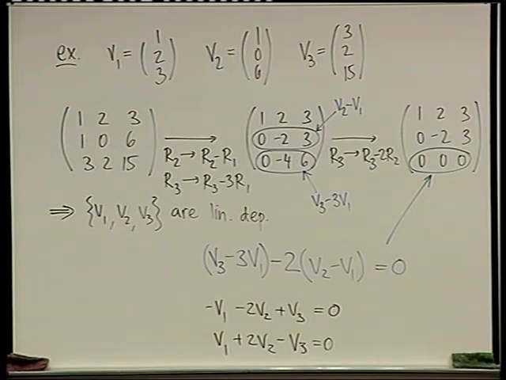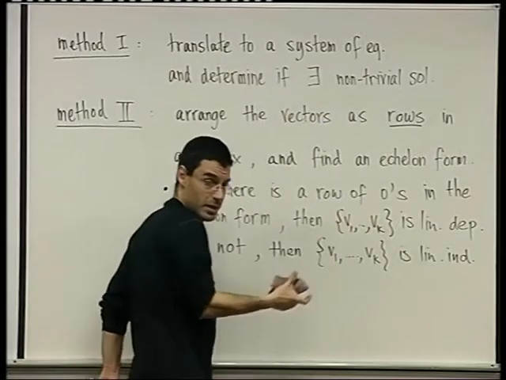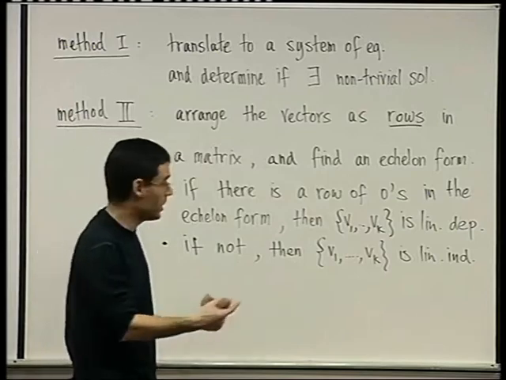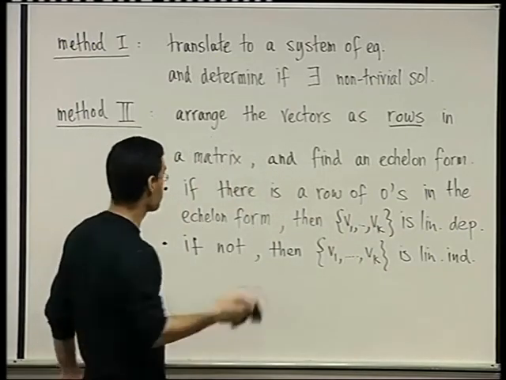Does it matter which vector I put in what row? It doesn't. Usually when the vectors come with names, v1, v2, v3, we try to stick to those names, but it completely doesn't matter. The property of being linearly dependent or linearly independent is a property of a set of vectors, of a collection of vectors, and there's no meaning to the order between them. Okay?